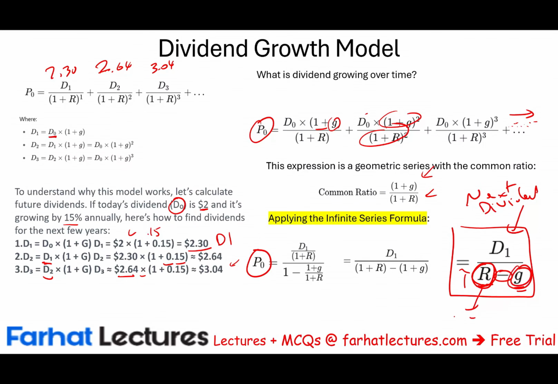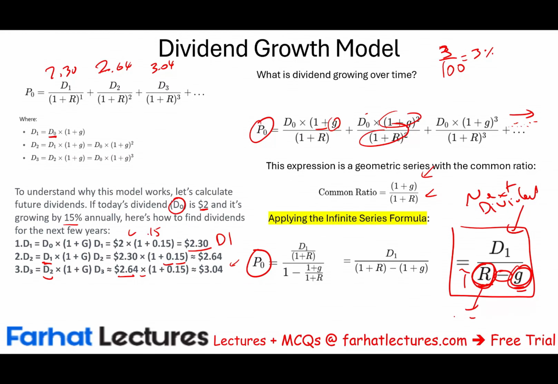G is growth. The company grows over time. The dividend will grow over time. What do you expect the dividend to be growing at? Because as the company grows, listen to me carefully. Remember, the stock price was $100 and it was paying $3 per share, and the dividend yield was 3%. As the company grows, as the company makes more profit, what's going to happen?